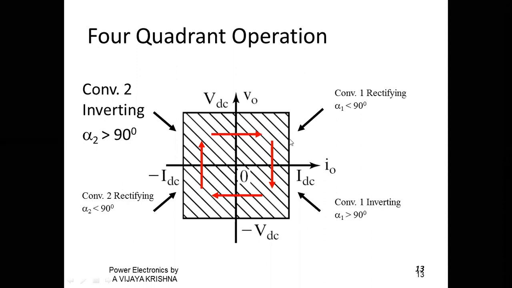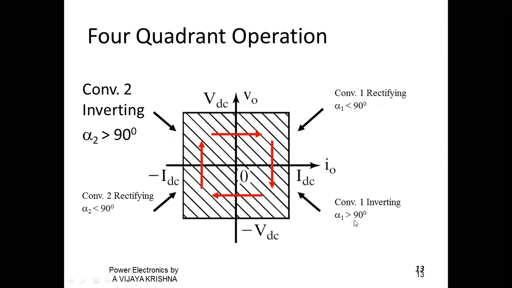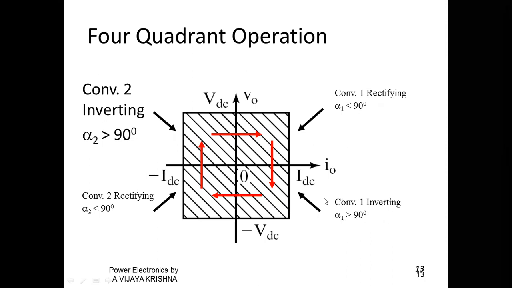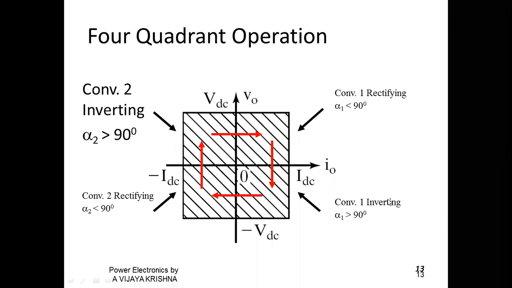In this diagram, first converter 1 is operating in rectifying mode, alpha 1 less than 90. Whenever alpha 1 is greater than 90, it operates in inverting mode. For full converters, it is possible to get two quadrant operation. That is, half converters or semi converters operate in single quadrant operation, and full converters operate in two quadrant operation.